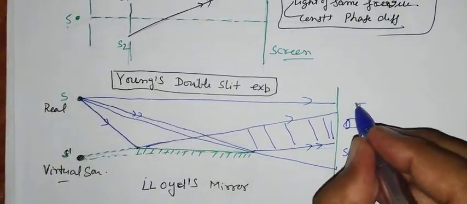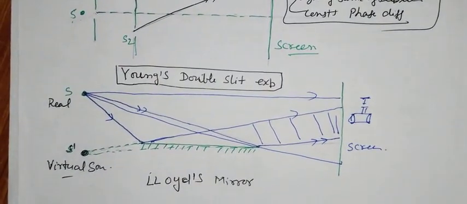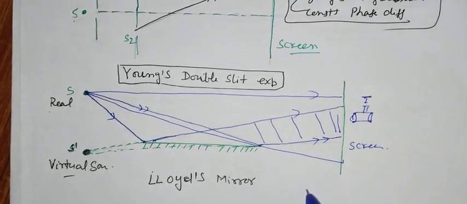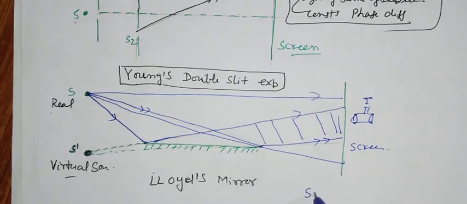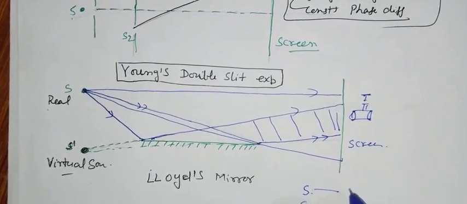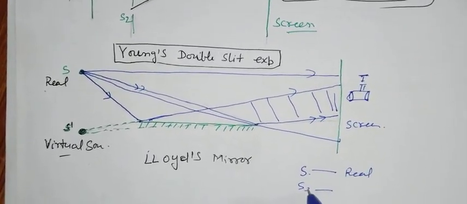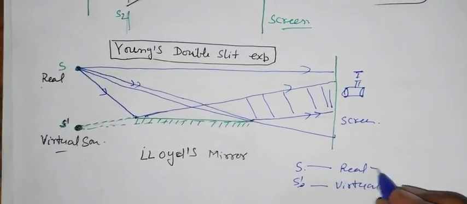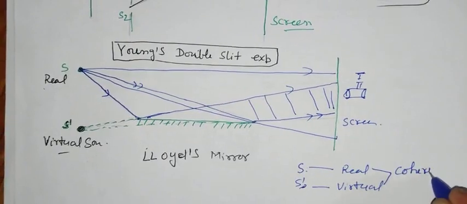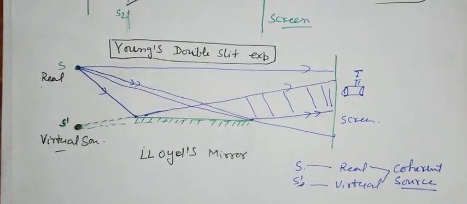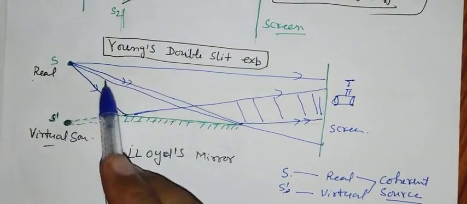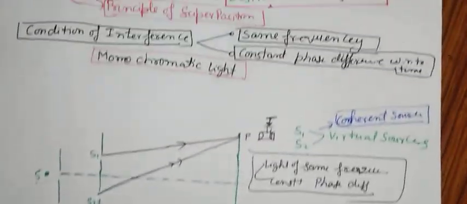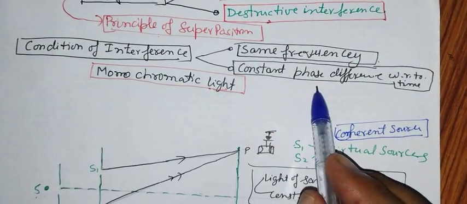Now see carefully. In Lloyd's mirror, the two sources are one real source and one virtual source. S is real and S dash is virtual, and both are coherent sources, which produce light of the same frequency and constant phase difference, the condition to produce an interference pattern.